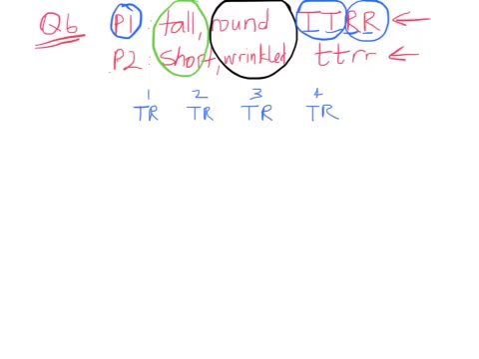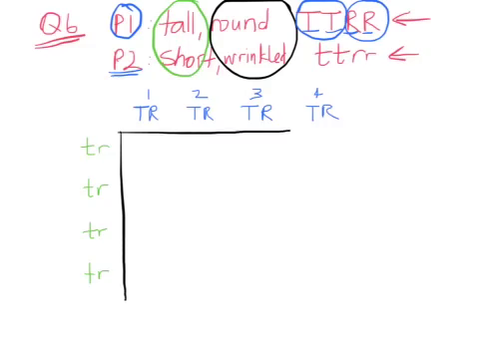Likewise, P2 can also give you small t r, small t r, small t r, and small t r. So these are the various combinations that these two parents are capable of giving.